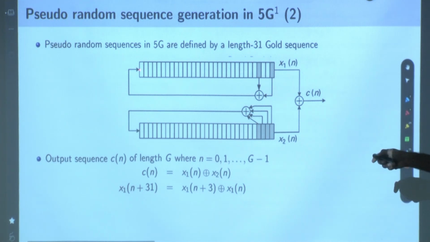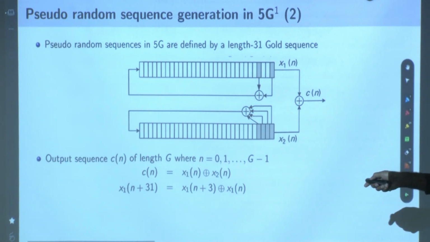So this value gets overwritten here by this value, x1 of n plus 31, and the other values get pushed. Similarly you do it over here.